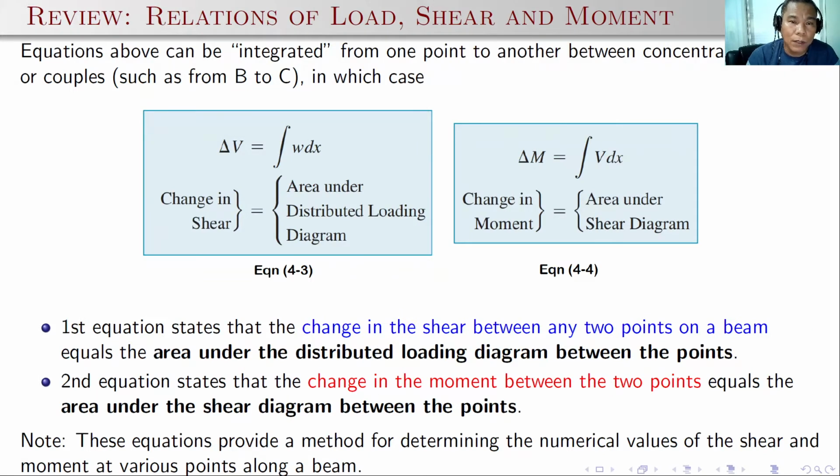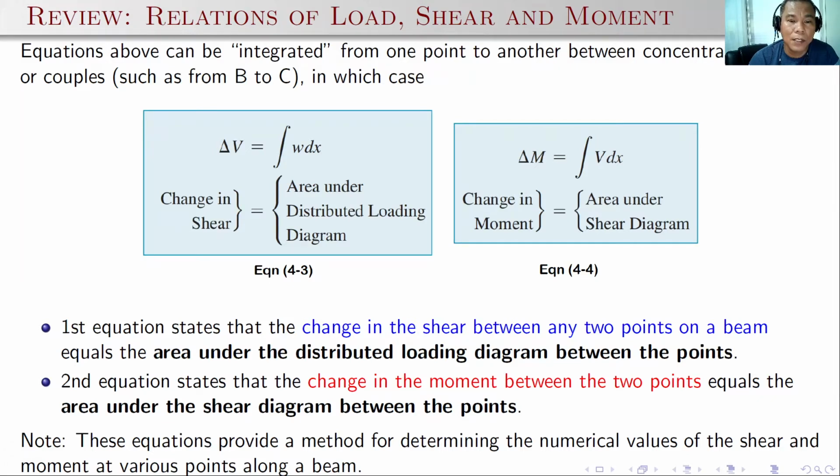These equations can also be integrated from one point to another between concentrated forces or couples, in which case they will result in two equations again. The first equation, the change in shear, is simply equal to the integral of the loading w times dx.